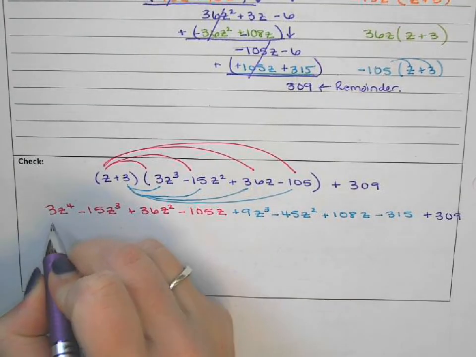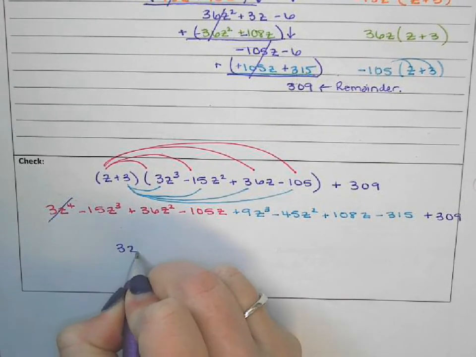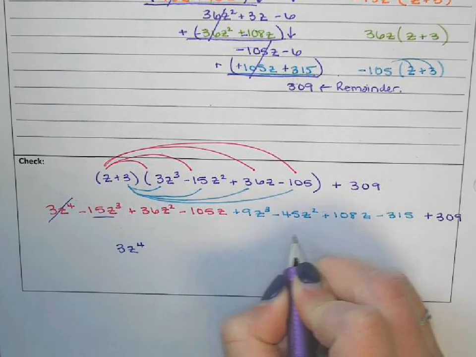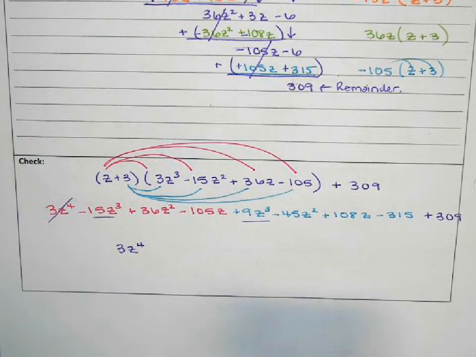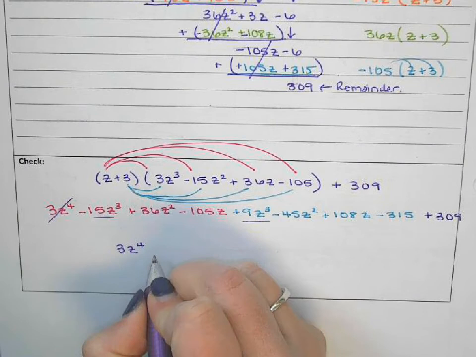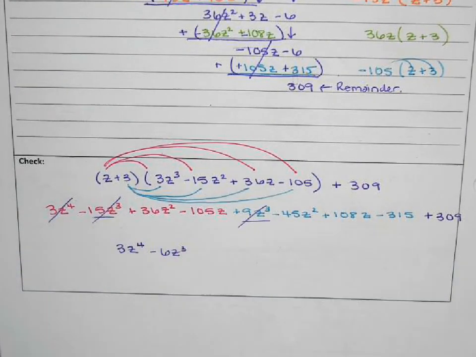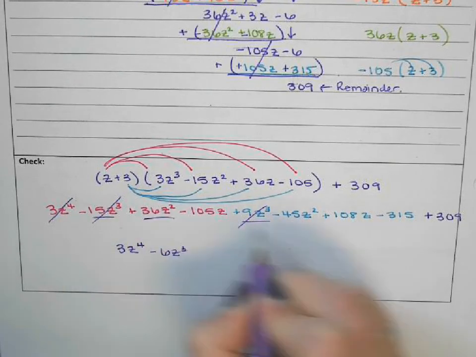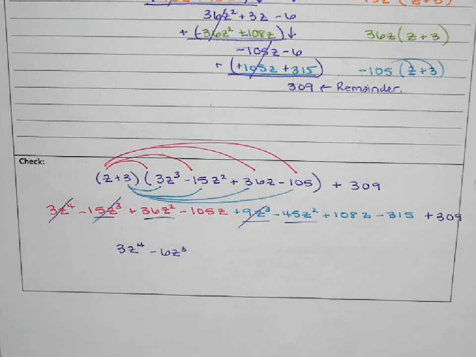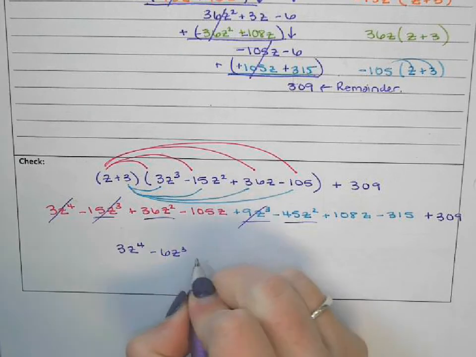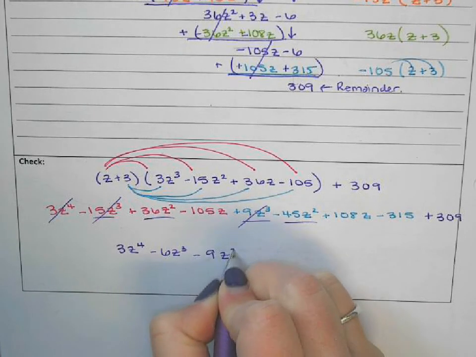So 3z to the fourth, there's no other like terms. That's going to go out front. The negative 15z to the third and 9z to the third is going to be minus 6z to the third. Took care of those. 36z squared and negative 45z squared is minus 9z squared.